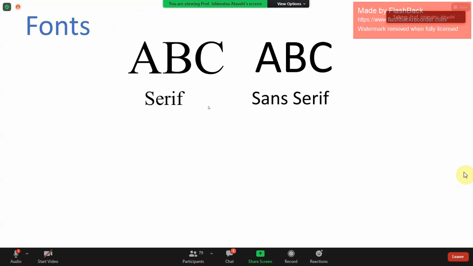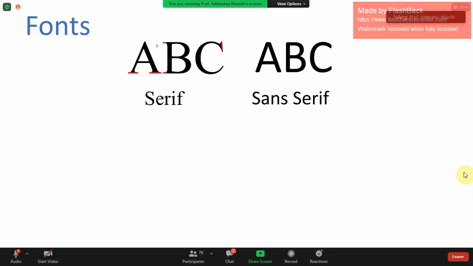You may know that there are 2 categories of fonts. One is called serif, the other is called sans serif. Sans means without serif. Serif is this part.